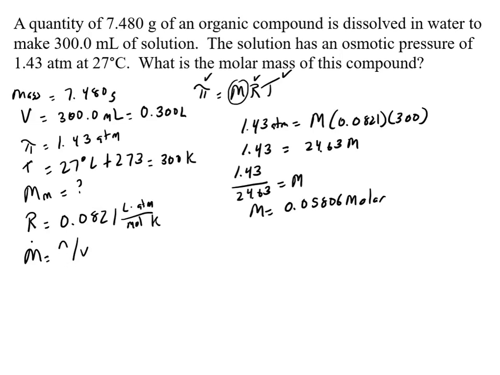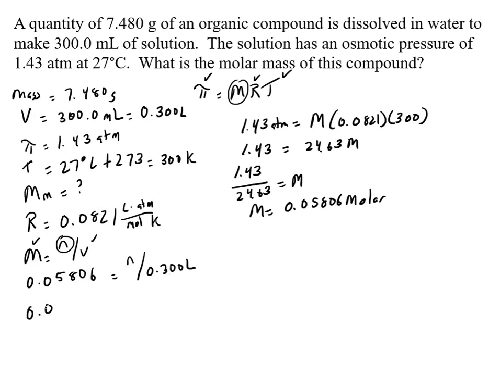All right, so I have my molarity, I have a volume, so I'm going to solve for moles. So I have 0.05806 is equal to n over my volume, which is in liters, 0.300 liters. Okay, and so I'm going to multiply both sides by the 0.3.